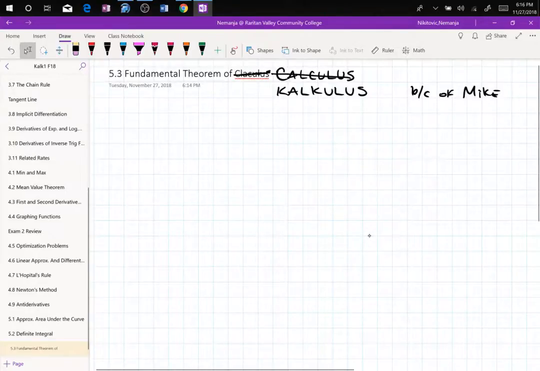So we are talking about the connection between derivatives and integrals. I did mention before that in mathematics we have operations like addition, subtraction, multiplication, logs, and these mathematical operations change numbers into other numbers.